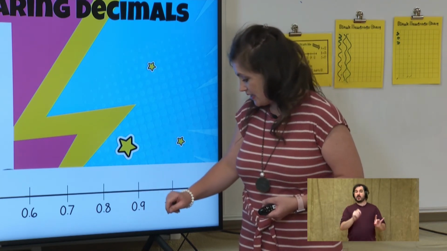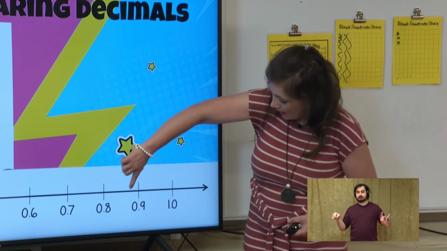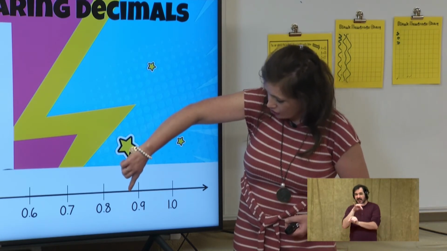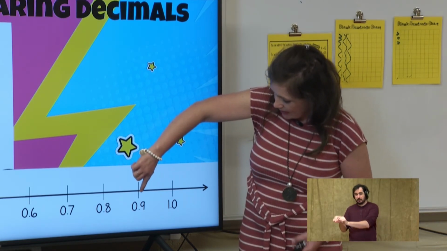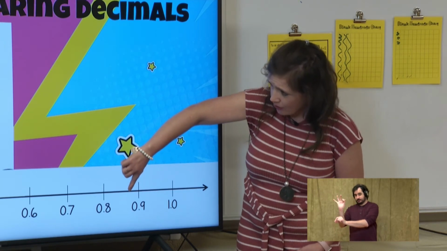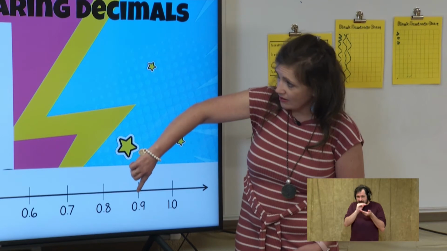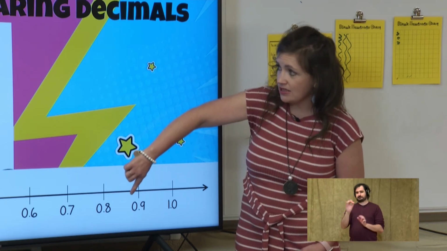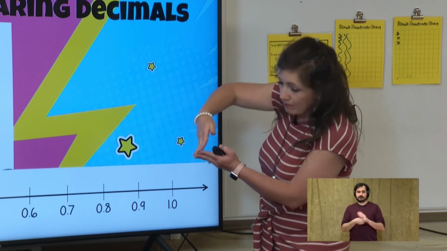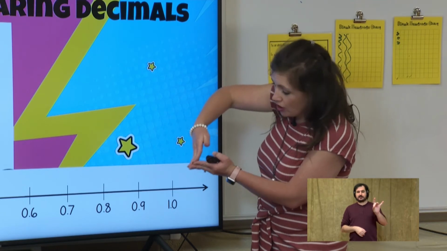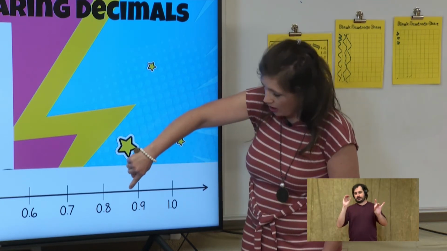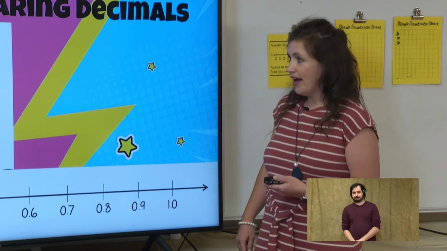Can you find 9/10ths? It's right here. So if I have 88/100ths right here and 9/10ths right here, I know that 88/100ths is a little bit less than 9/10ths. So I would use my less than symbol, and the alligator mouth would be closed, pointing to 88/100ths.